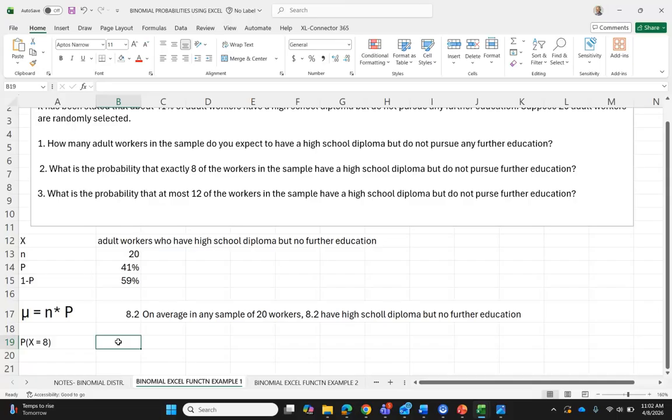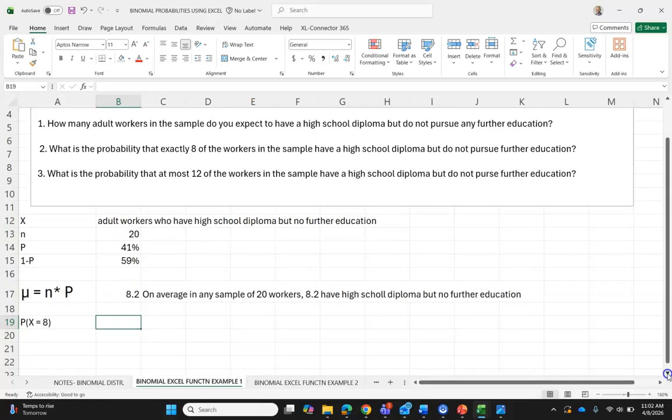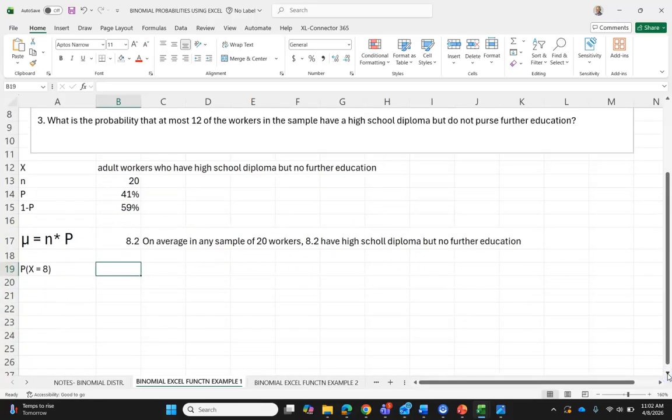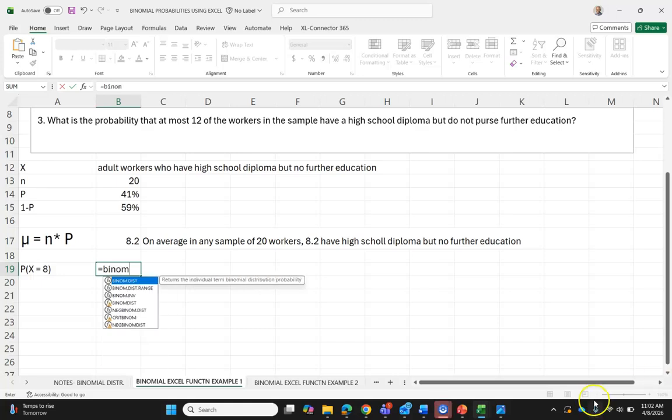So in this case, we can apply the binomial distribution because it is possible to do so. So let me put this on top. We're going to use a formula and use binom. As I said before, we could use binom dist, or we can use binom dot dist. So I'm going to click binom dot dist.